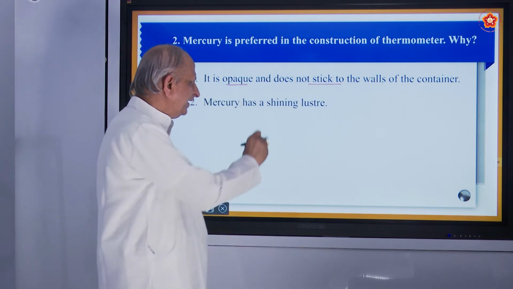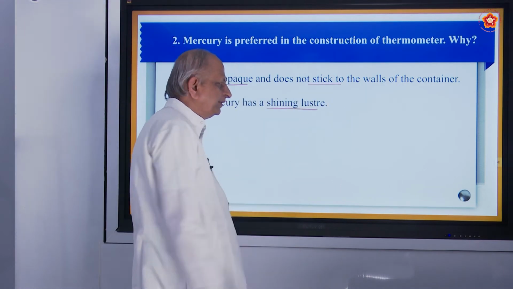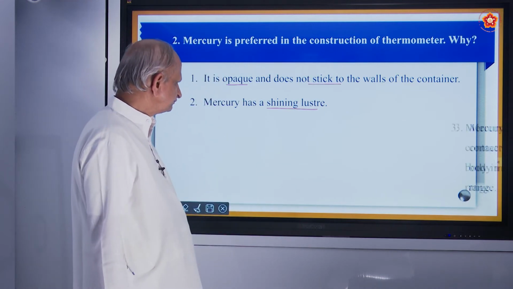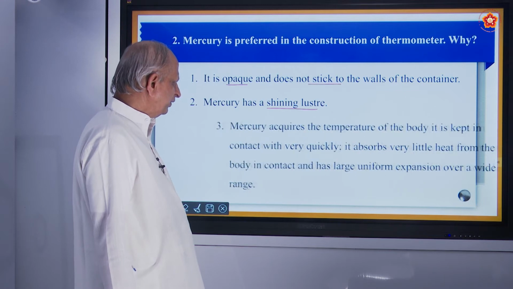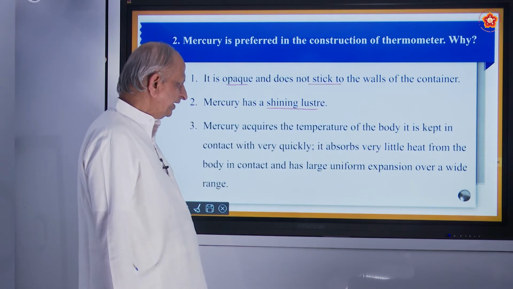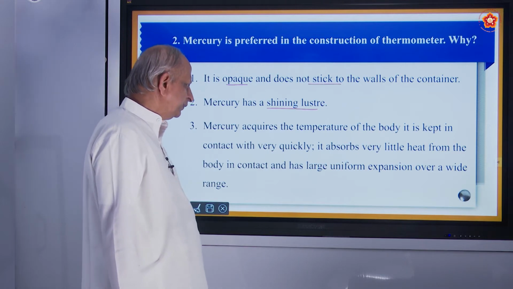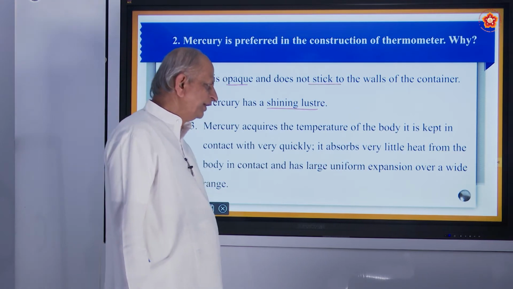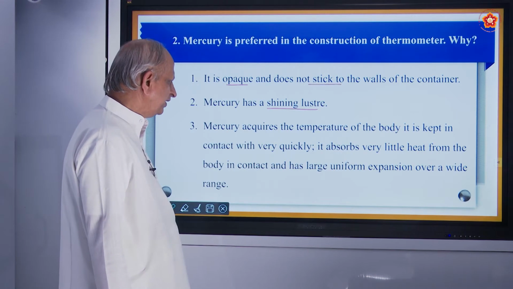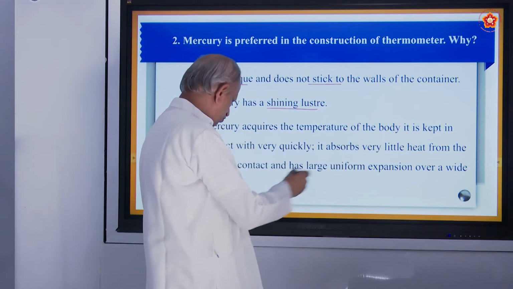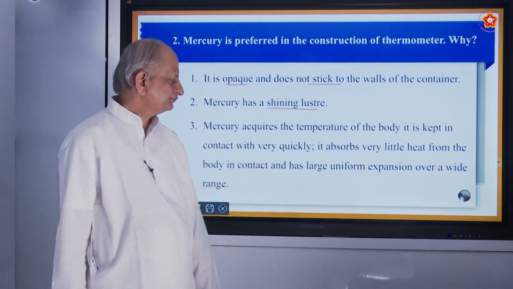It has a shining luster. The shining luster will show the color, and mercury acquires the temperature of the body it is kept in contact with very quickly. It absorbs very little heat from the body in contact. It has a large uniform expansion over a wide range.